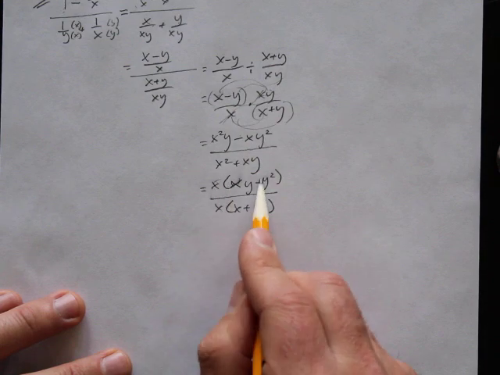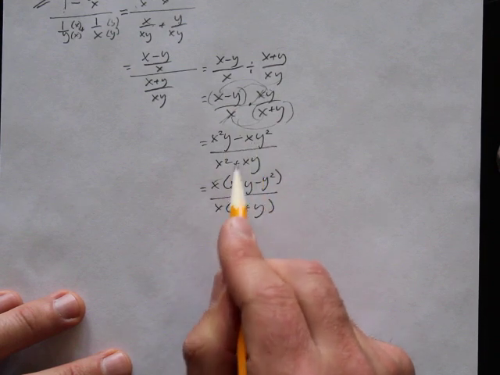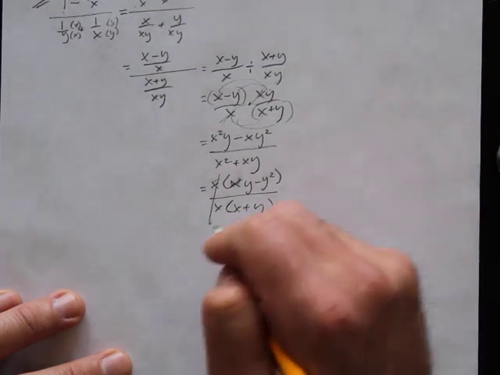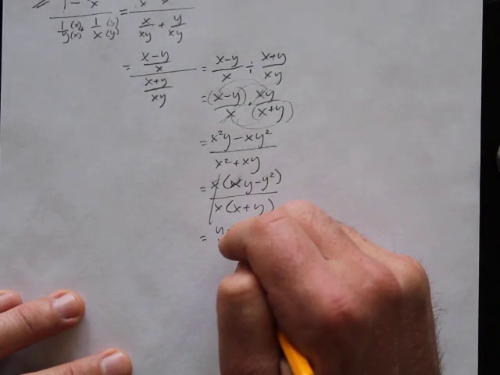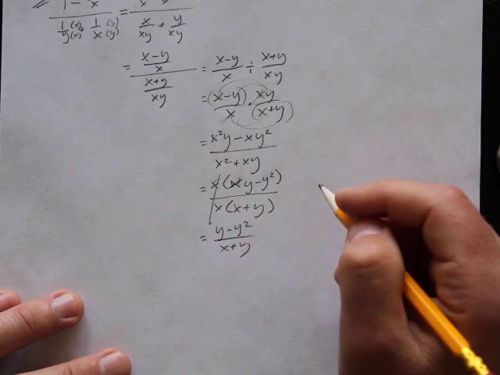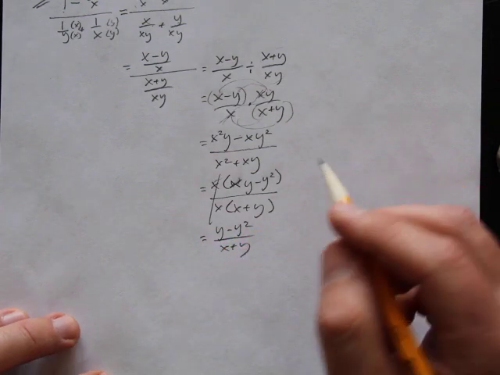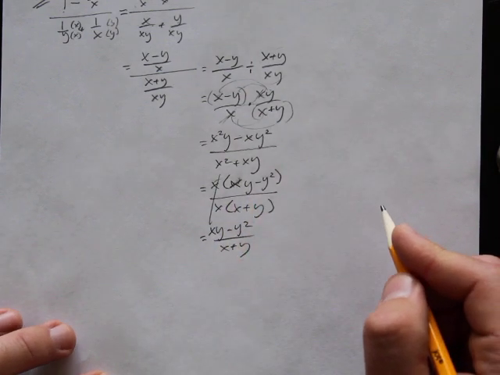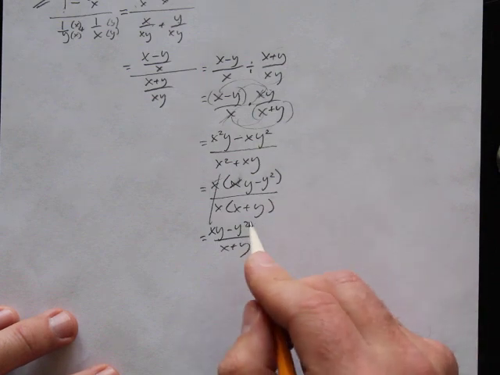So if I distribute that x back in there in both of these, I should have this. So those x's go away, and I end up with y minus y squared over x plus y. And that is my answer. Oops, forgot to write that x there. And I am sticking to it.